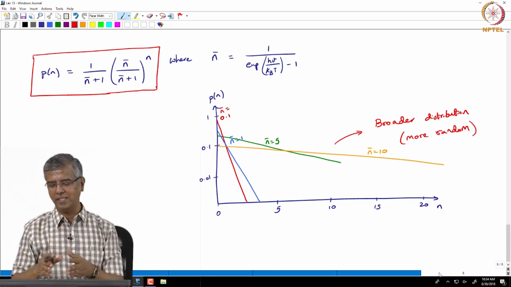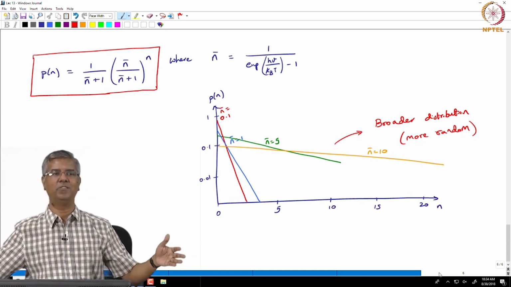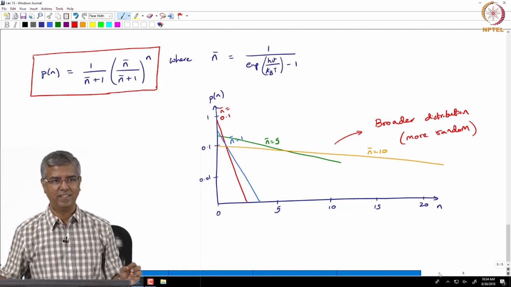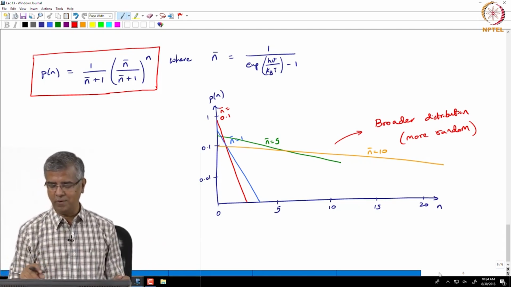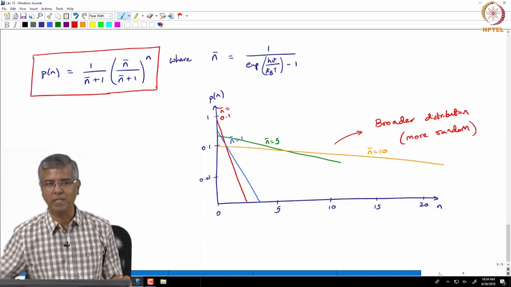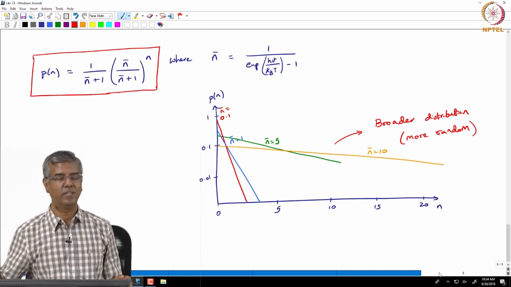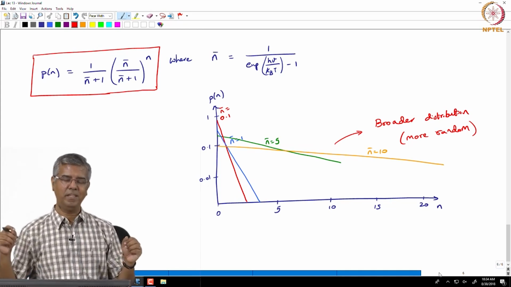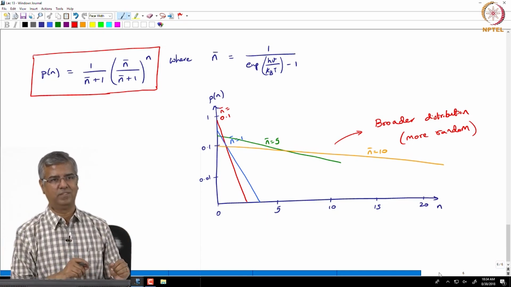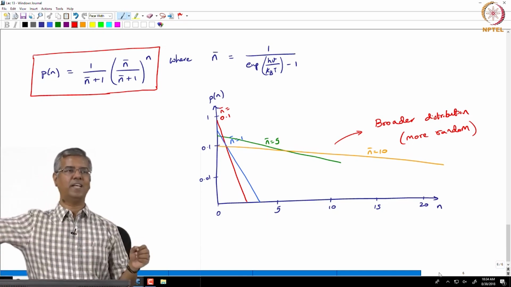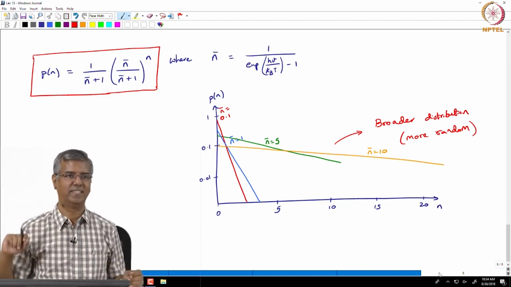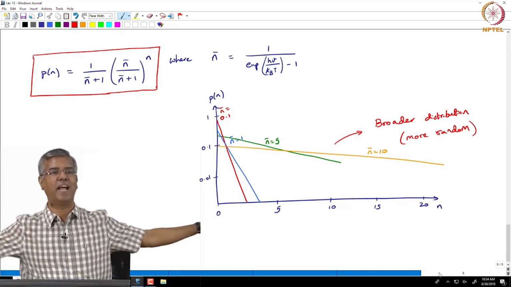You will have to consider that this is the entire distribution we are talking about, and it's flat. In other words, if I were to draw this for n bar equal to 20, it will look even flatter. What does that tell you? It's telling me that there is equal probability of finding 0 photons as there is finding 100 photons, right. That's what we are saying, it's quite random.